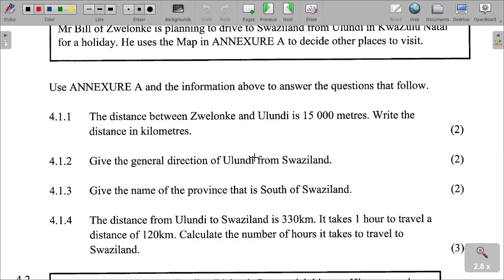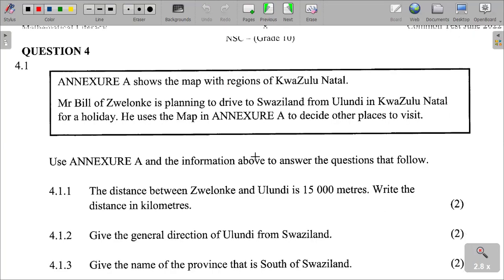But let me quickly check here. It shows the map with regions of KwaZulu-Natal. Mr. Zwelonke is planning to drive to Swaziland from Umlund in KZN for a holiday. He uses the map in the annexure to decide other places to visit.